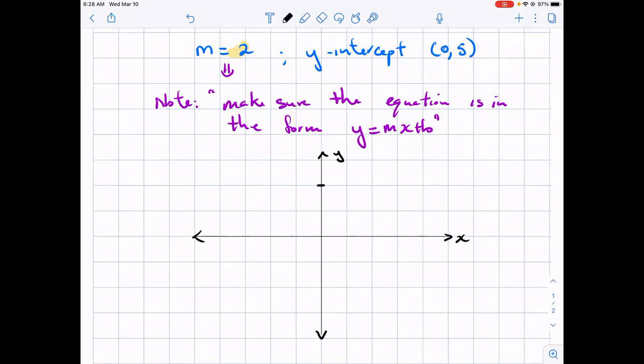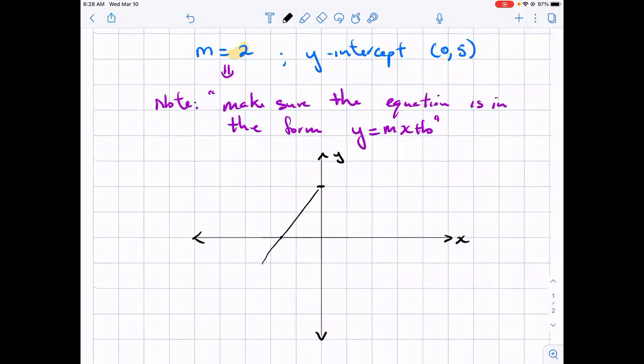Let's say here, and some point over here, I know that's 5 because that's the y-intercept.